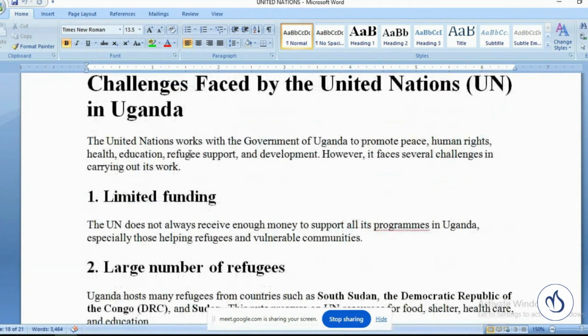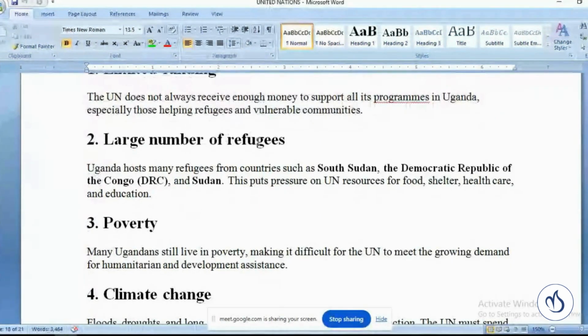Another problem, we have a large number of refugees. If you are aware, Uganda hosts many refugees from countries such as South Sudan, Democratic Republic of Congo, and Somalia.